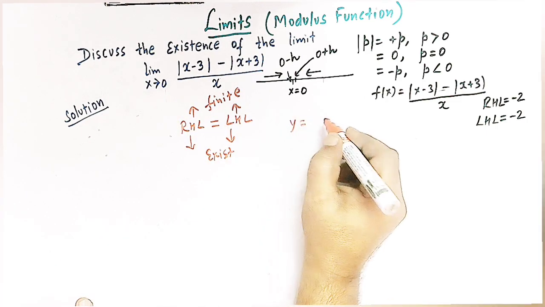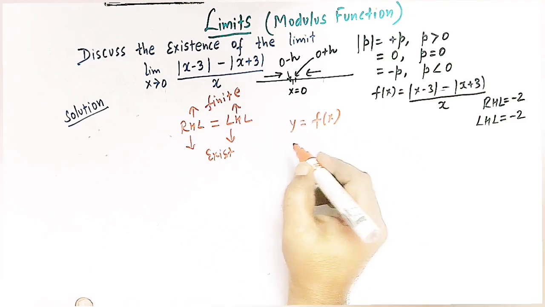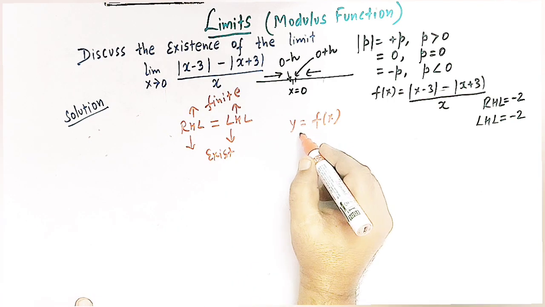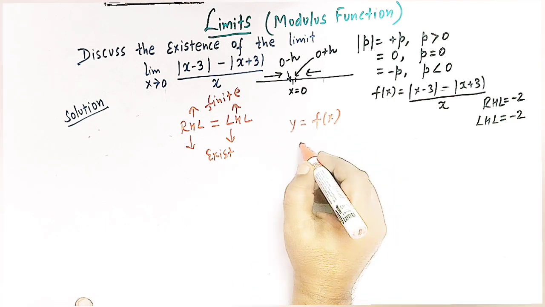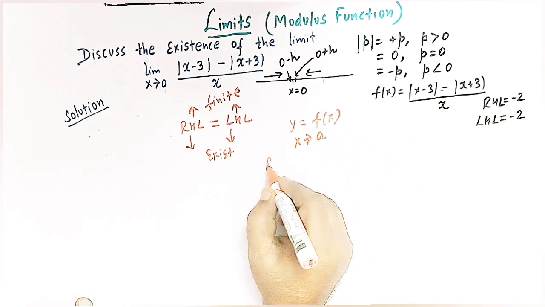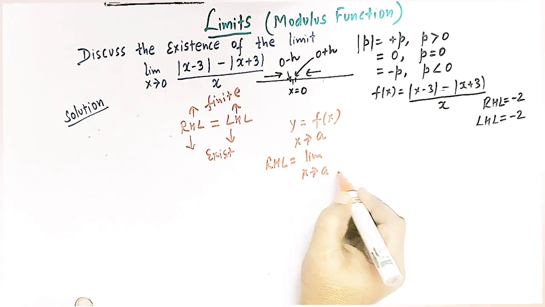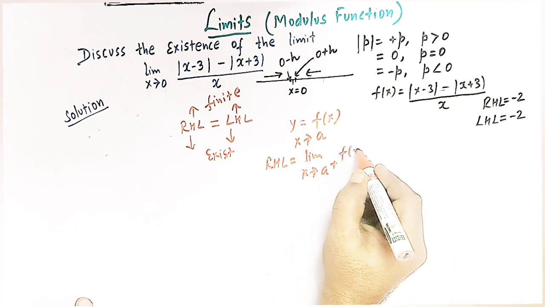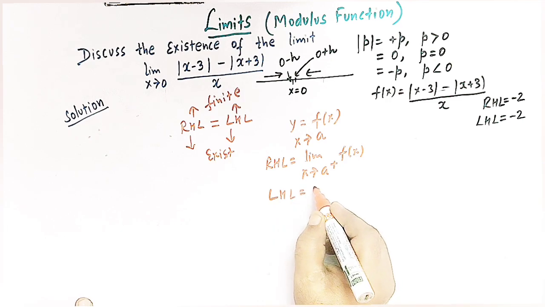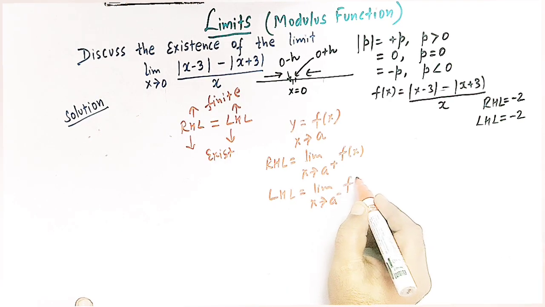and we have to discuss the existence of the limit of this function y is equal to f of x when x approaches a, then we find the right hand limit, which is given by limit x tends to a positive f of x, and then we find the left hand limit, limit x tends to a negative f of x.